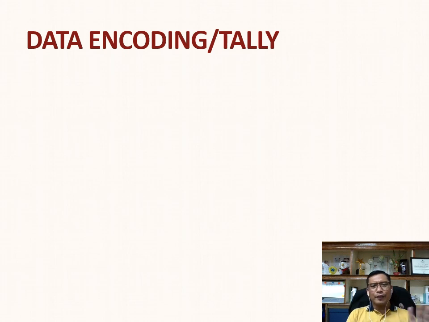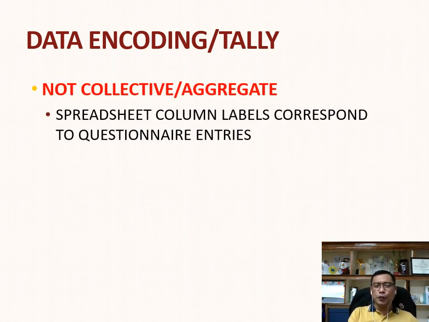However, even if you have already gathered the data and you have a valid and reliable instrument, sometimes the problem is on the encoding, on the tallying. What you should be mindful of is that when you encode, it should not be collective or aggregate. You should be utilizing spreadsheets for this, wherein each column label corresponds to questionnaire entries. If your first question is about gender, then the label for that column is gender.